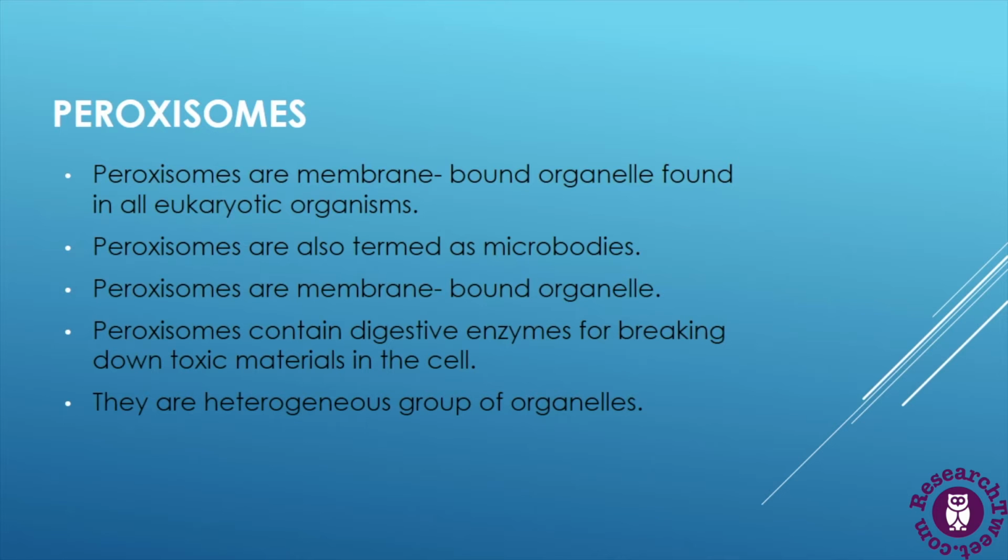Basically, peroxisomes contain digestive enzymes and they help in breaking down toxic material of the cell. That's why sometimes they show some similarities with lysosomes, but there are several differences also between lysosomes and peroxisomes. Basically, they are a heterogeneous group of organelles.